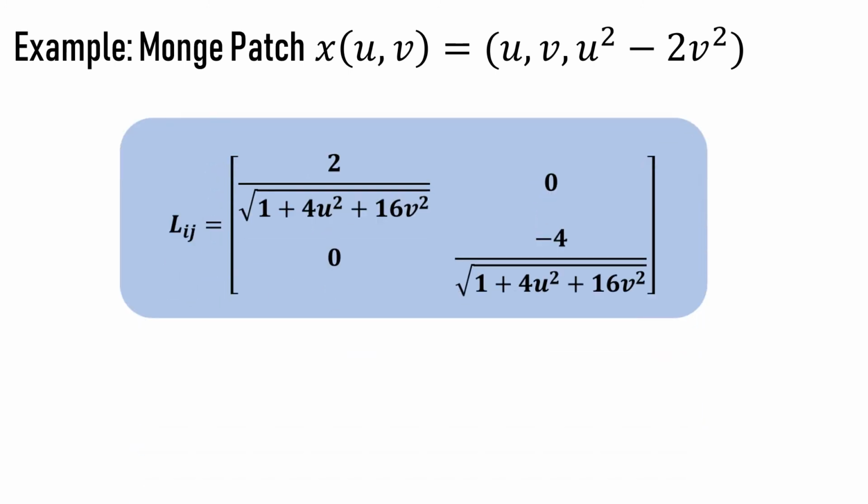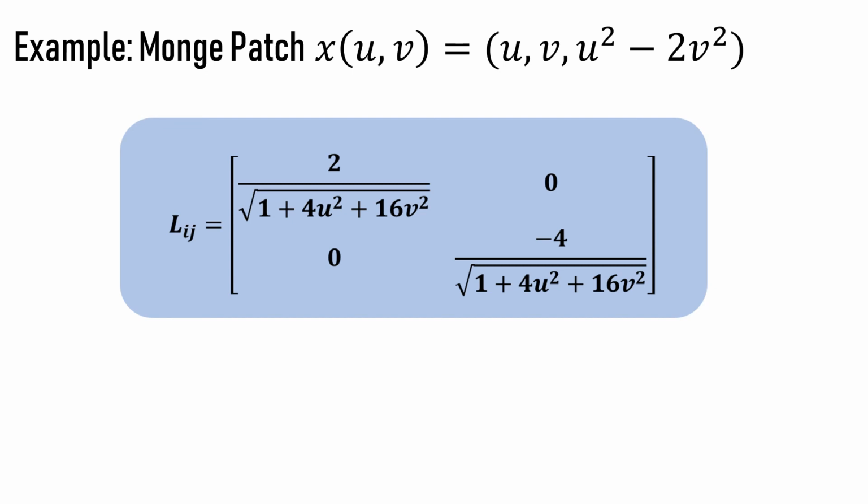So at this point, you may just forget what the result of L_ij was. Here's L_ij: 2 over square root of 1 plus 4u squared plus 16v squared, 0, 0, and minus 4 over square root of 1 plus 4u squared plus 16v squared.